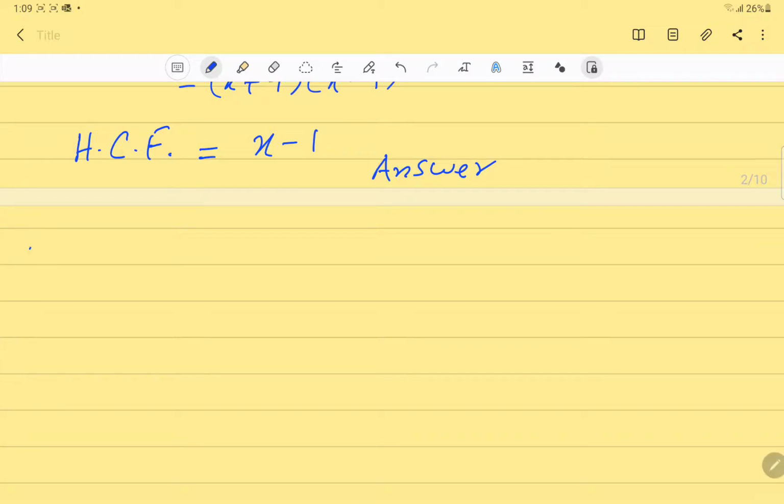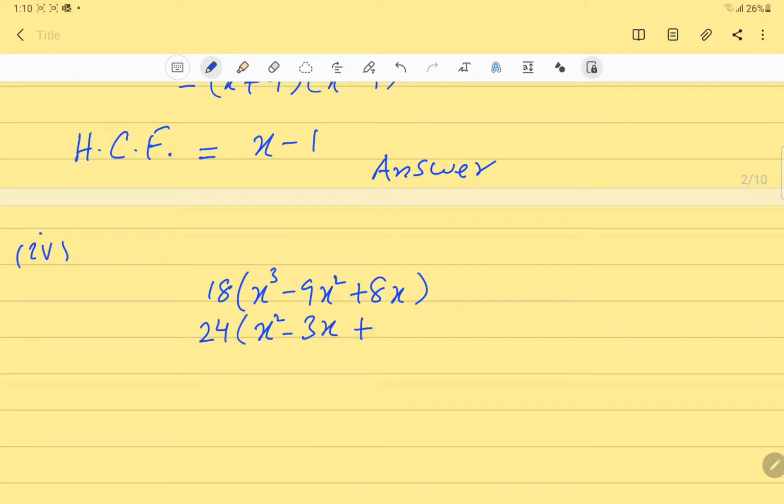Now we move on to our fourth question. In the fourth question we have two expressions. Number 1, 18 into x cubed minus 9x squared plus 8x, and the second one is 24 into x squared minus 3x plus 2.